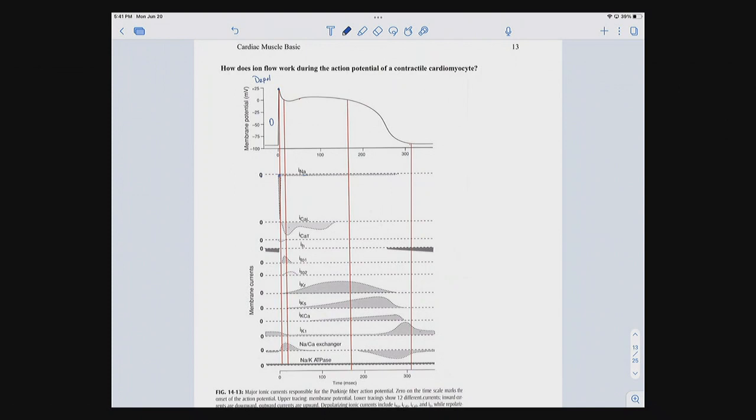Then phase 1 is going to be our early repolarization. Say repol. Then phase 2 is going to be our plateau phase.